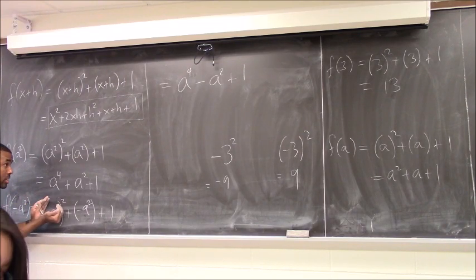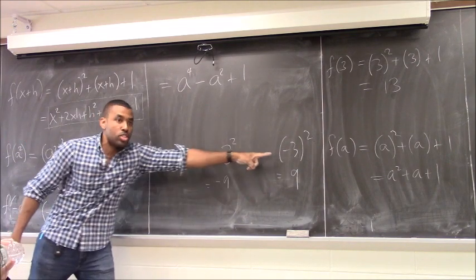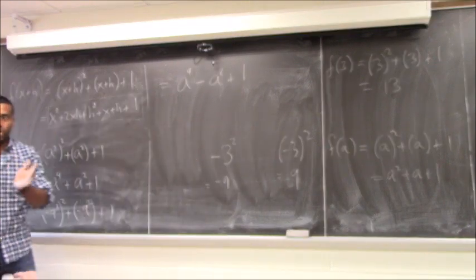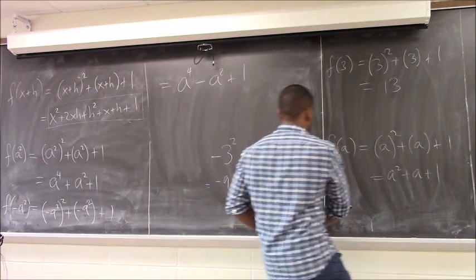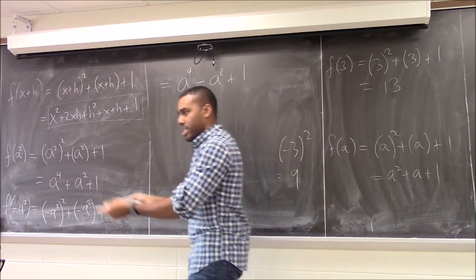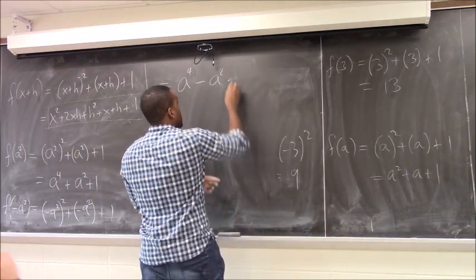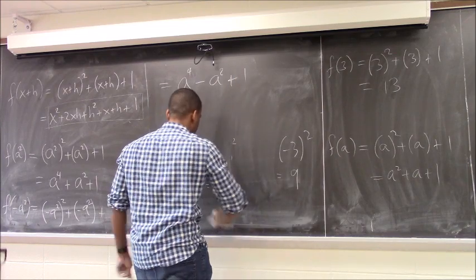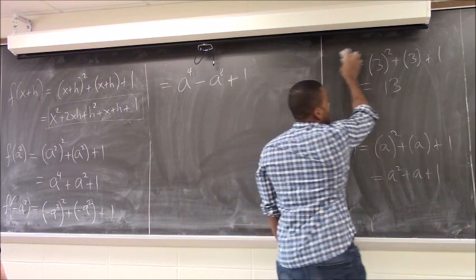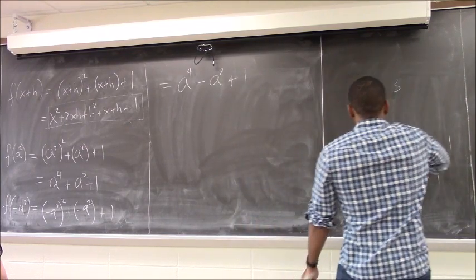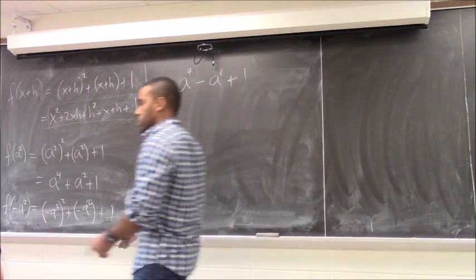Because you remember to put it in parentheses, you end up in this situation as opposed to that situation. So it's important to be careful when you're doing this. Okay. That's why I said just open parentheses and put the thing in, so you don't end up making some sort of silly mistake like this, which in the grand scheme of things can cause a lot more trouble. In particular, it can cause a lot of trouble with what we're going to discuss next.